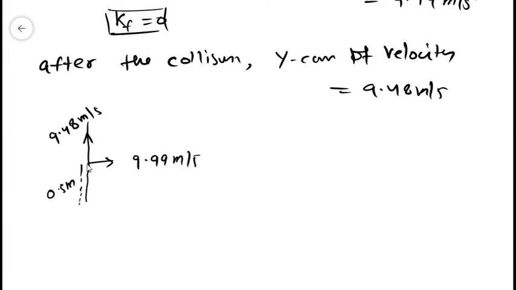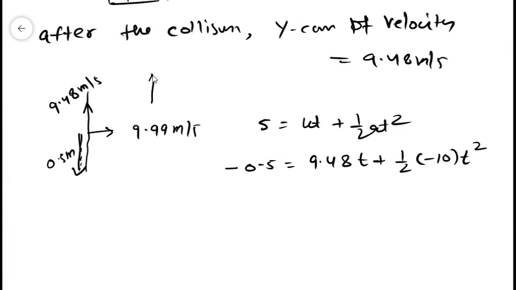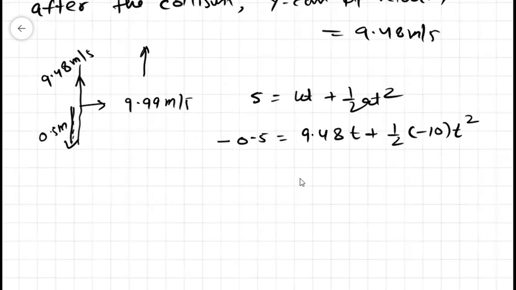So we will calculate the time first. So time when it hits the ground, this can be calculated using s equals ut plus half at square. S is 0.5, is equal to u is 9.48, and 0.5 is negative because the displacement is in the downward direction, so minus 0.5 equals 9.48 into t plus 1 over 2 minus 10 into t square, minus because our convention is that the distances which are taken in the upward direction are positive.